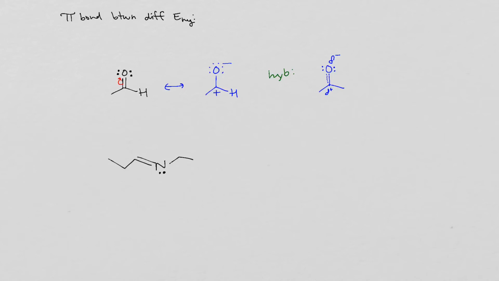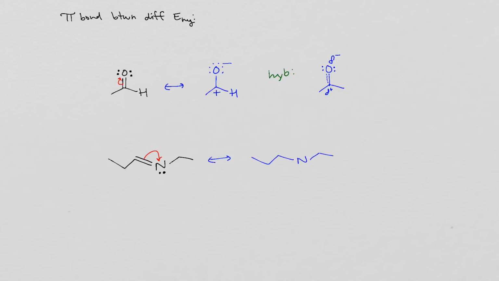Again, noticing the trend, we're going to draw the arrow from the center of the double bond to the more electronegative atom, the one that wants the electrons. Nitrogen happens to be more electronegative than carbon. So we're going to draw that arrow towards that more electronegative atom and draw our new structure.